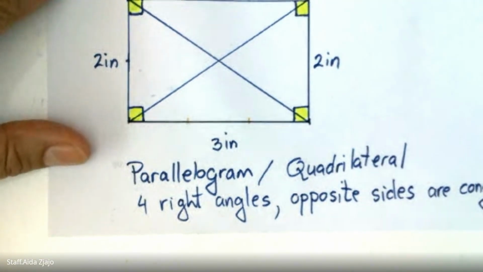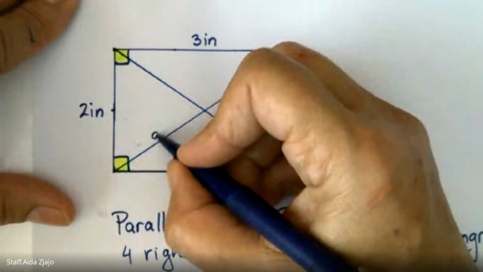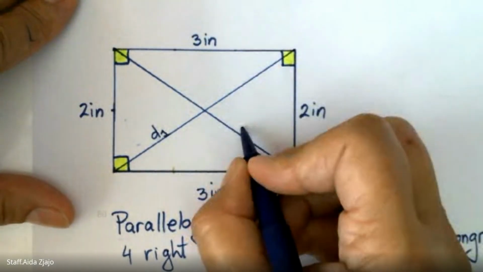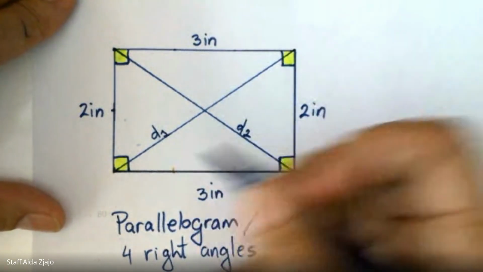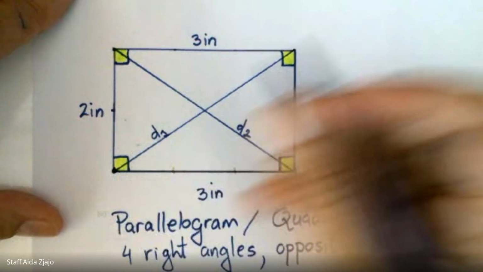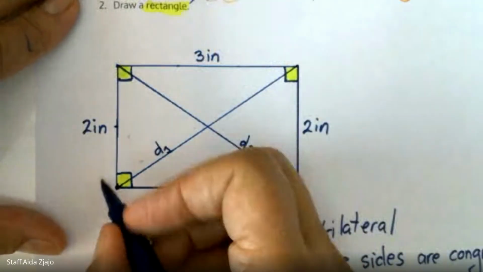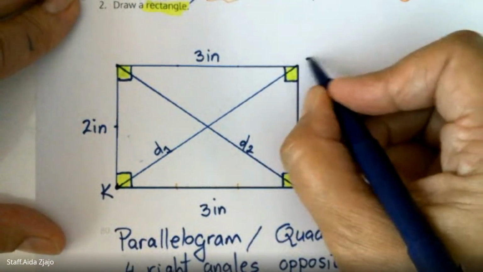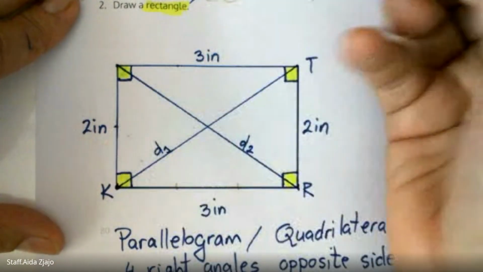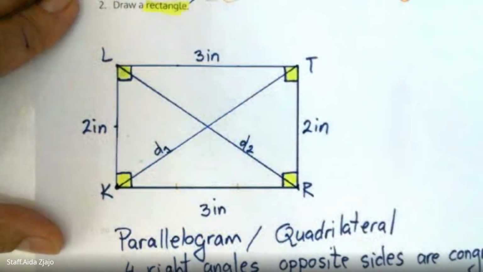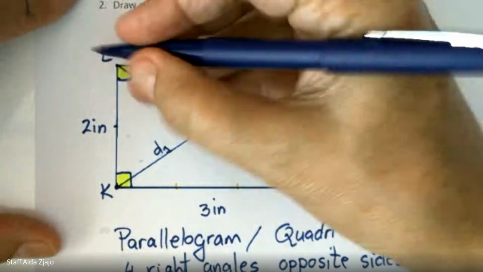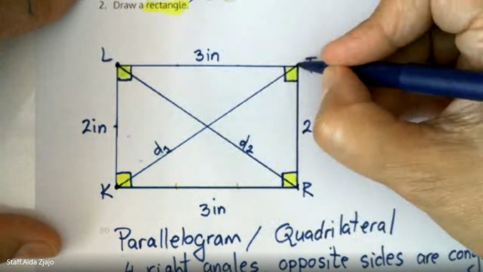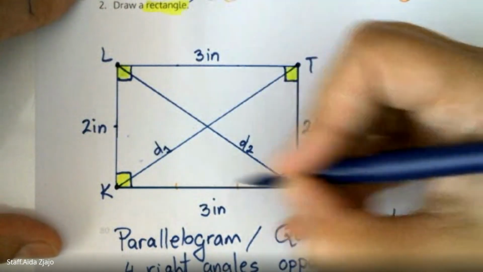Okay, so this is D1, this is D2. I can label this K, R, T, L. It doesn't matter. I am labeling line segments, and these are points.